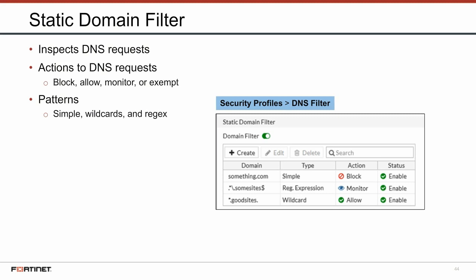You can configure DNS filtering to allow, block, monitor, or exempt access to websites through the static domain filter. Entries in the domain list are checked against the DNS requests. If a match is found, the configured action is taken. Patterns set to simple are exact text matches. Patterns set to wildcard allow for some flexibility in the text pattern by allowing wildcard characters and partial matching to occur.